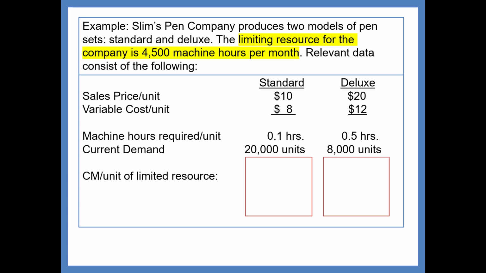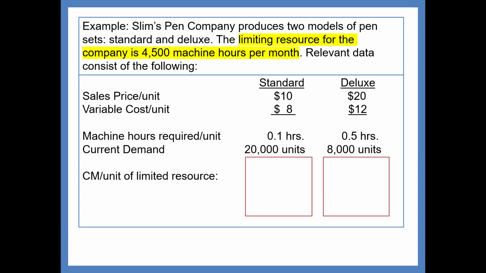For deluxes, the sales price is $20 and the variable cost is $12. The standards require 0.1 hours and the deluxes 0.5 hours. And currently there's 20,000 units in demand for the standard product and 8,000 units for the deluxe product.